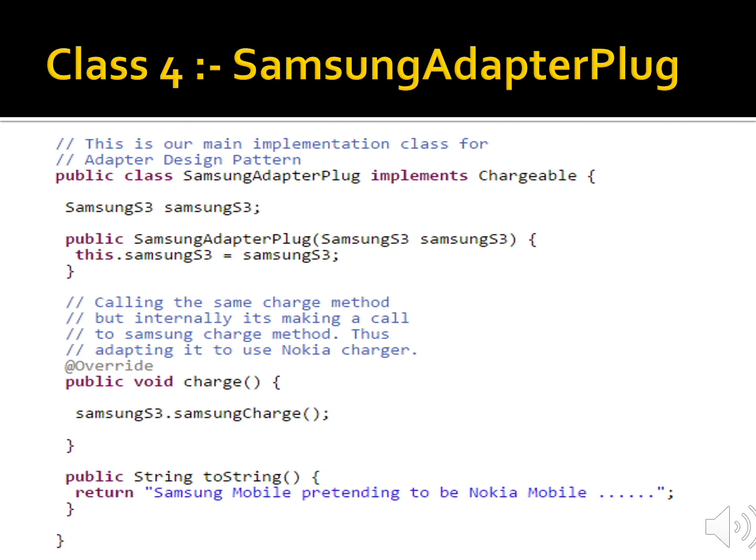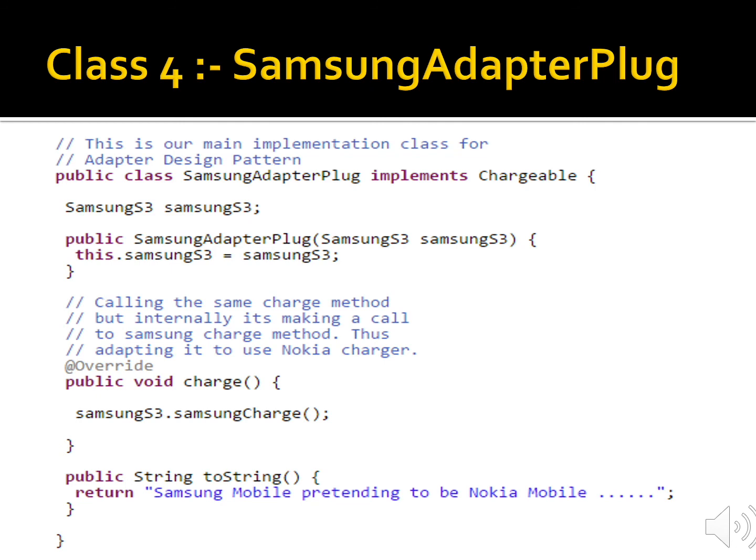In this constructor method, we are simply setting the instance of Samsung S3 by passing the parameter. After implementing the adapter class with the chargeable interface, we can implement the charge method as we have done in the Nokia classes. Inside the charge method, we are invoking the required functionality of our adaptee class.